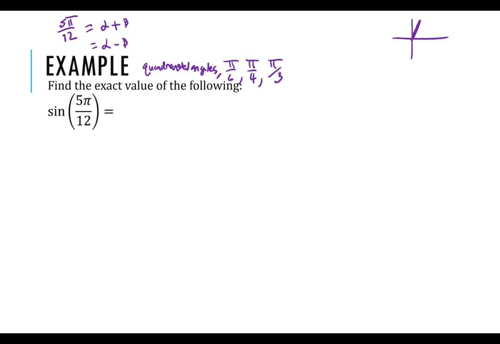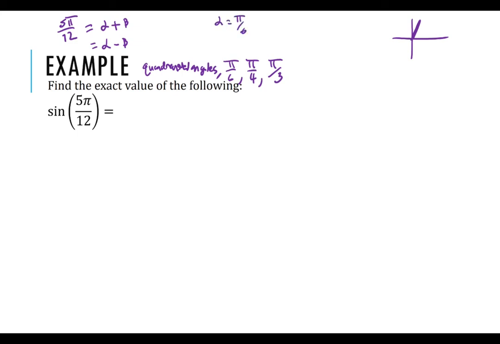And so I think that my alpha and my beta are both going to come from quadrant 1, because if 5 pi twelfths is about there, I should be pretty close with stuff from quadrant 1. Now, if you don't see something to try, if you see a 12, well, you're probably going to want to use a third, or pi thirds, or pi sixths. So my thought is, why don't we say alpha is pi sixth?